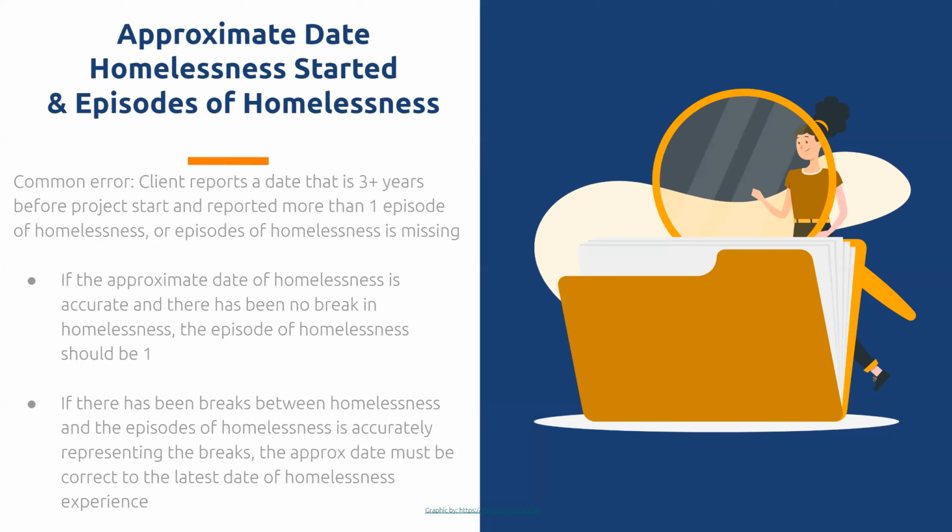The episode of homelessness should be 1. If there are breaks in between homelessness and episodes of homelessness is accurate, representing the breaks, the approximate date must be the correct to the latest date of homelessness experience.